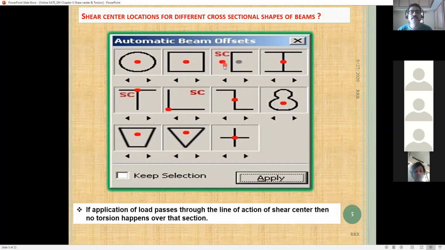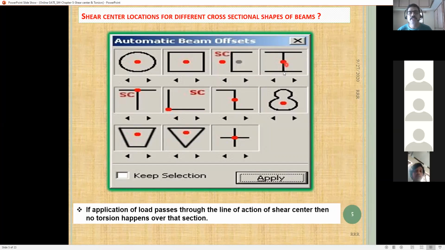So that's why the shear center will not coincide with the centroid. This point is the centroid, this point is the shear center. But in all the remaining sections, the centroid and shear center are the same, so you cannot see two different colored points. Wherever there is a single point, it is the centroid coinciding with the shear center. But in the particular case of the C channel, the centroid is different and the shear center is different.